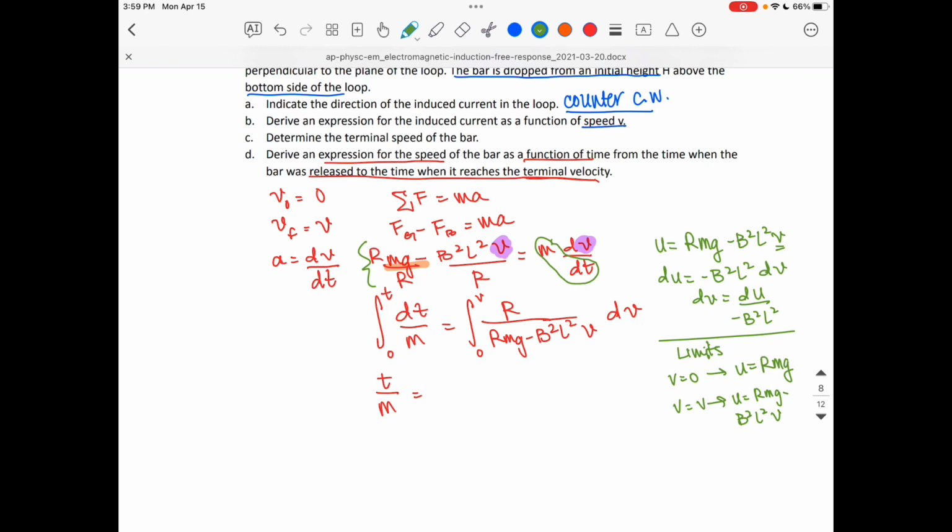So first thing I am going to do is take my integration, and I'm going to go from RmG to RmG minus B squared L squared v. And then I'm going to take my denominator. So R stays the same. My denominator is now u. And then my dv is substituted in with du over negative B squared L squared.